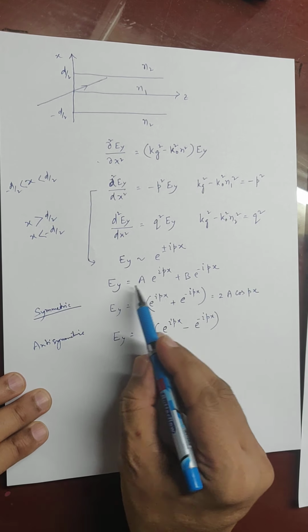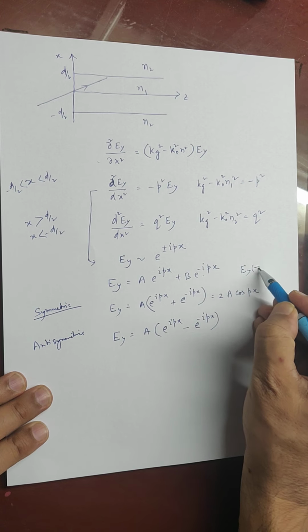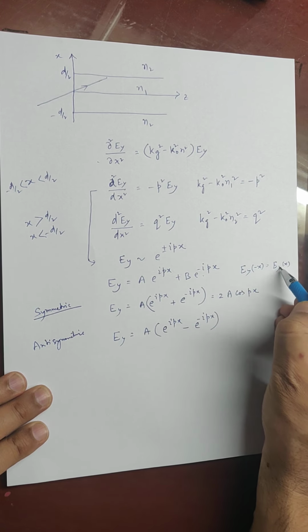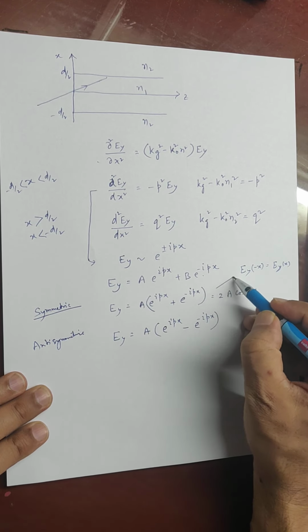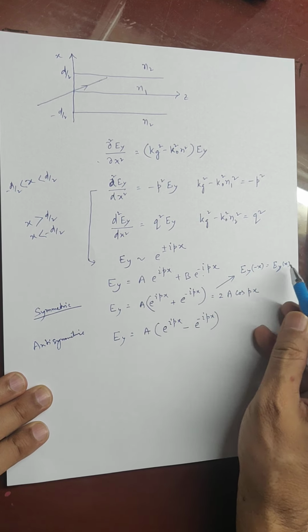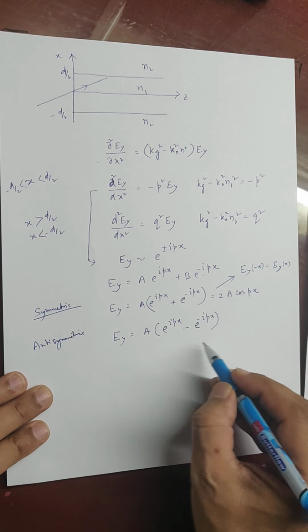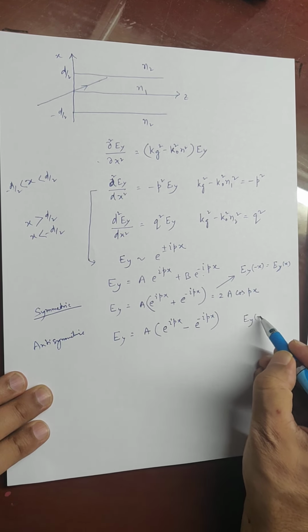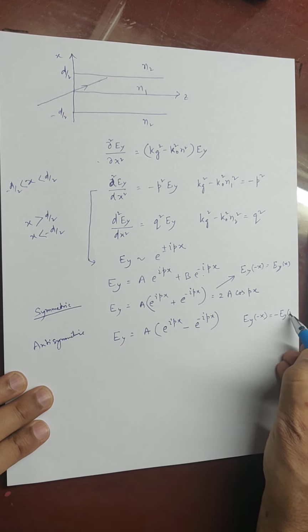So you can see that the earlier choice is symmetric because Ey at minus x is equal to Ey at plus x, if you take a and b the same. And this would become antisymmetric, which would mean basically that Ey at minus x would be minus of Ey at x.